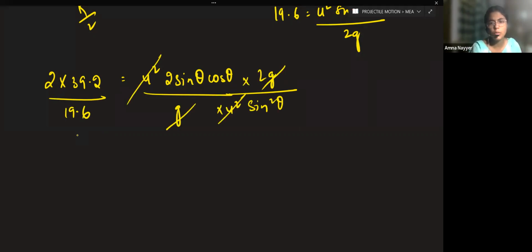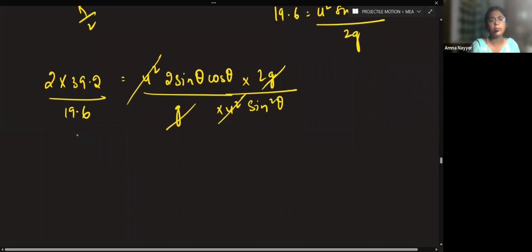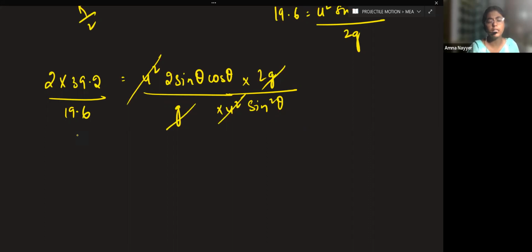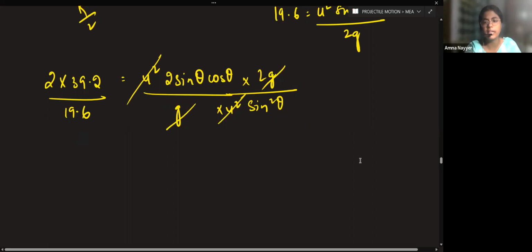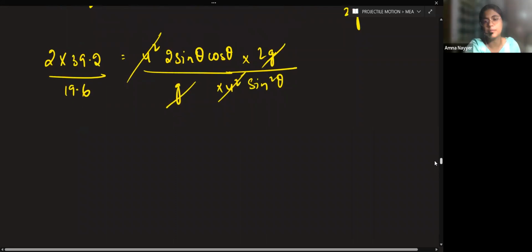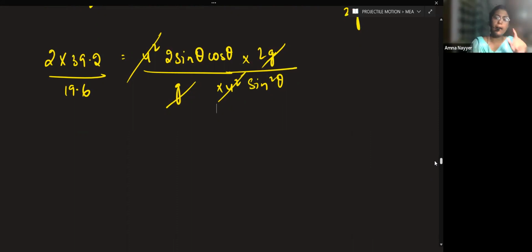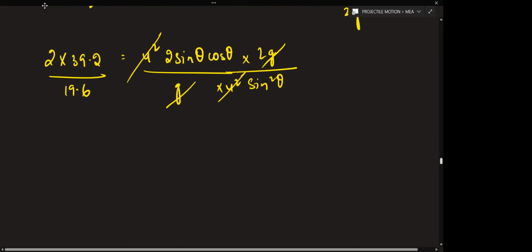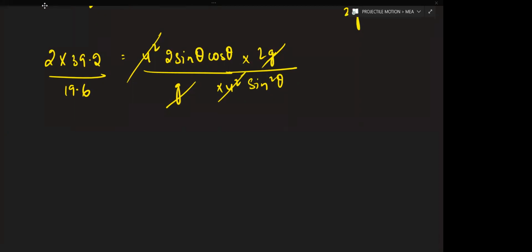What is left? 2 multiplied by 2, and what is 2 into 39.2? You have divided by 2 present. Sine square theta is present in the denominator, and sine theta is present in the numerator, so one of them will get cancelled.